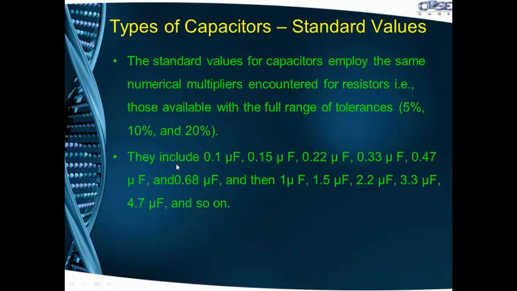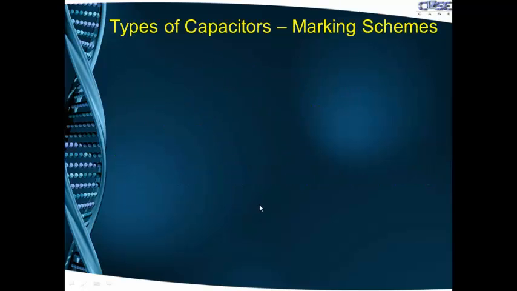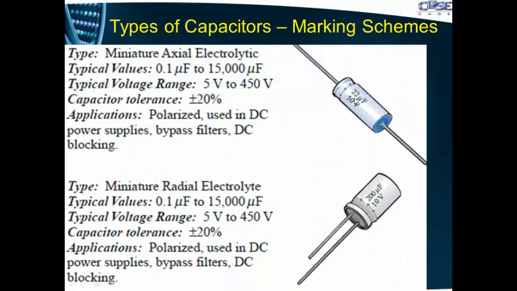These are the standard values of the capacitors which are available in the market, from 0.1 microfarad to 4.7 microfarad or even higher. So these are a few types of capacitors and their marking schemes. These are the parameters or specifications which are indicated on the capacitor.